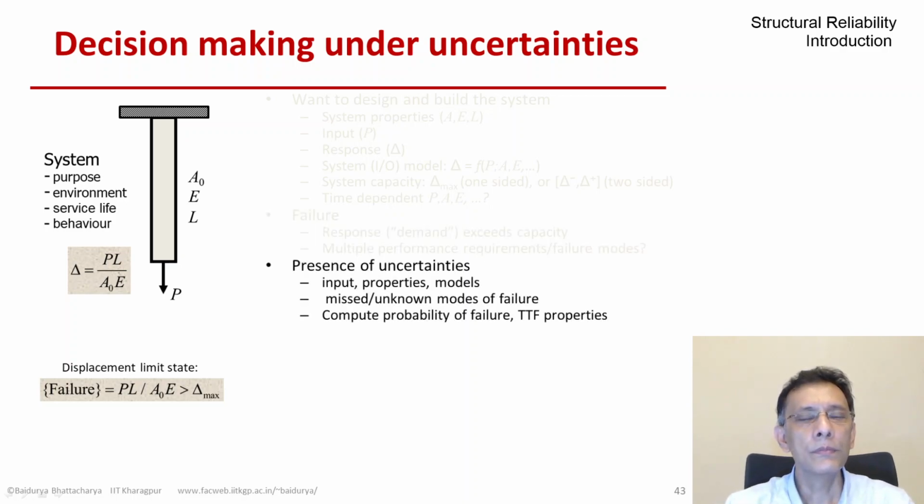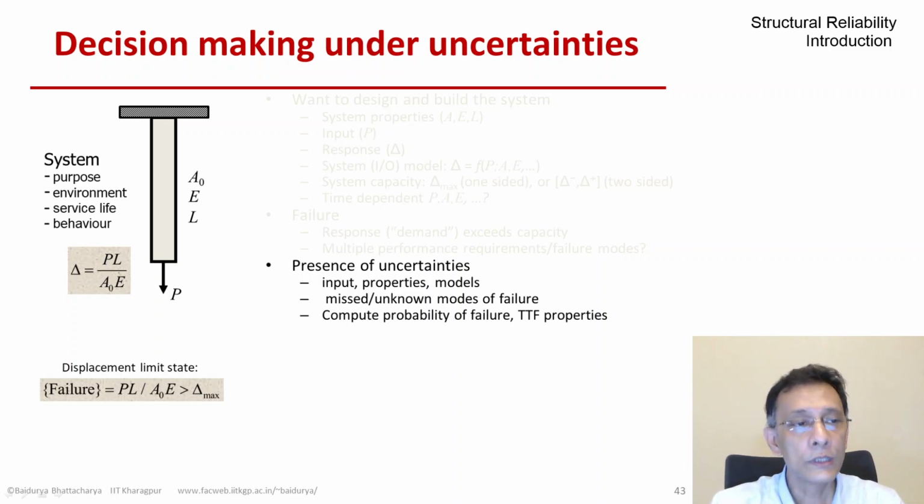Now, because of all the uncertainties that we are talking about in this problem, in the inputs, the properties, the models of the system, and something much more difficult if there are missed or unknown modes of failure. There are ways of handling that.